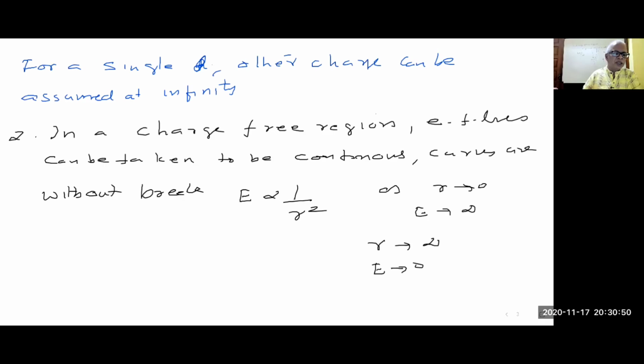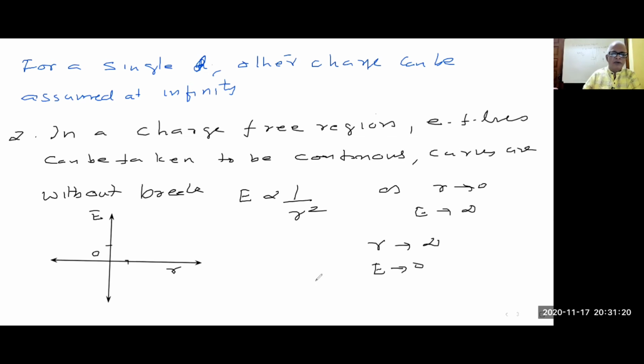Let me draw the graph of it. For me, it's very difficult to draw graphs using these methods; let me try to innovate after some classes. Electric field versus distance.